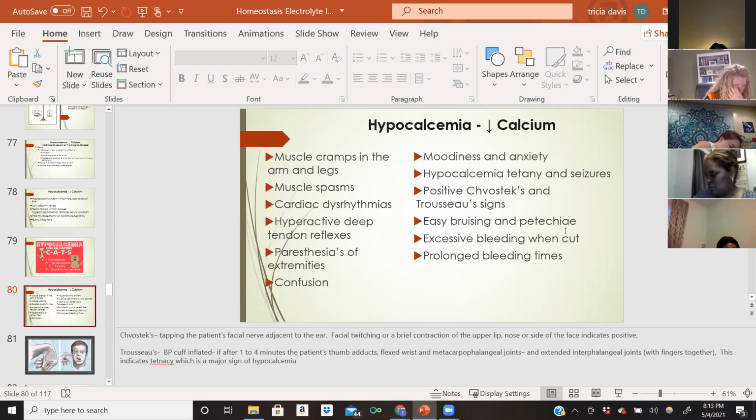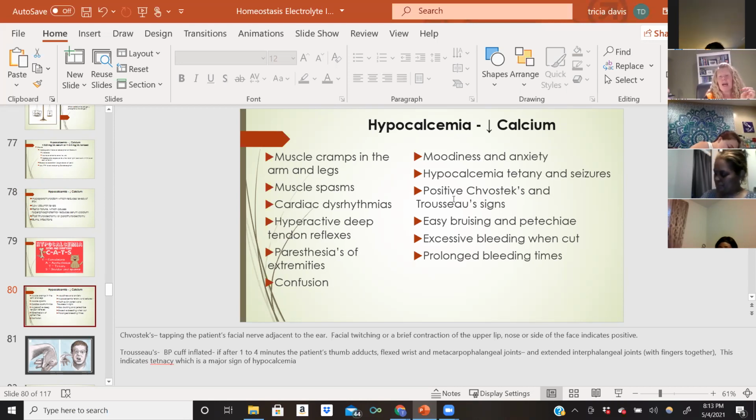Okay, this is an important slide. You guys need to know these signs and symptoms. Hyperactive deep tendon reflexes, paresthesias of the extremities, numbness and tingling. They might be confused. They might be moody. They might be anxious. Hypocalcemia and tetany and seizures.